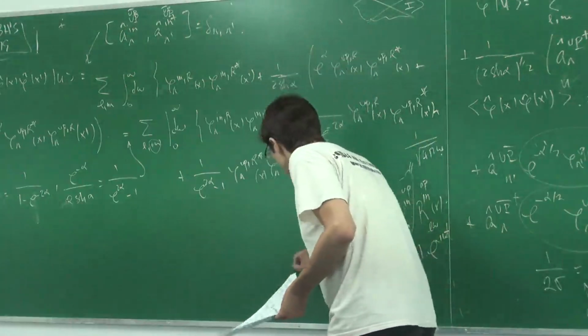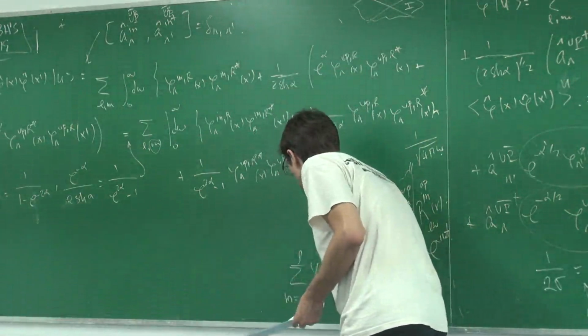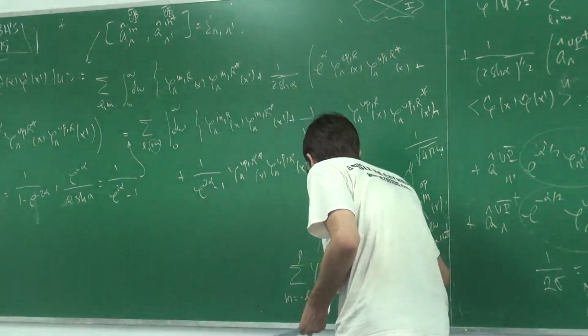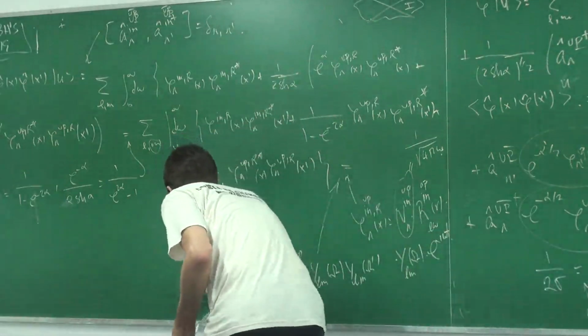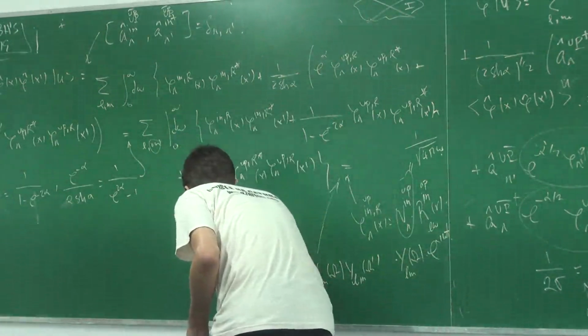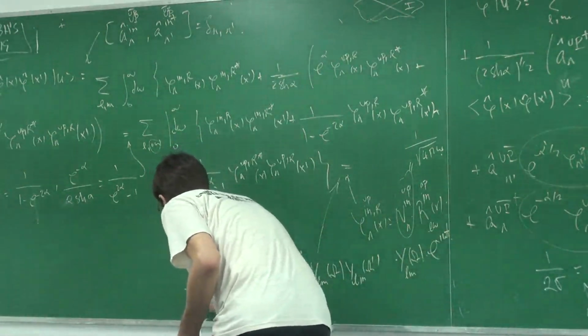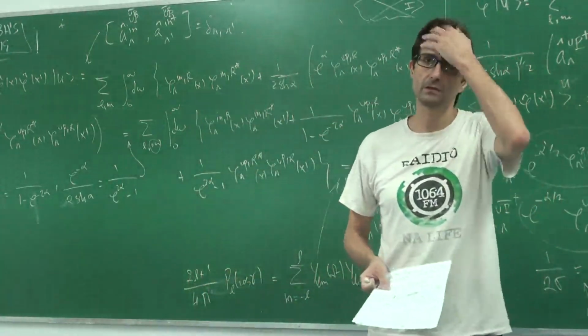The sum over m between minus l and l of y l m omega times y l m omega prime is just 2l plus 1 over 4 pi, P_l of cos gamma.